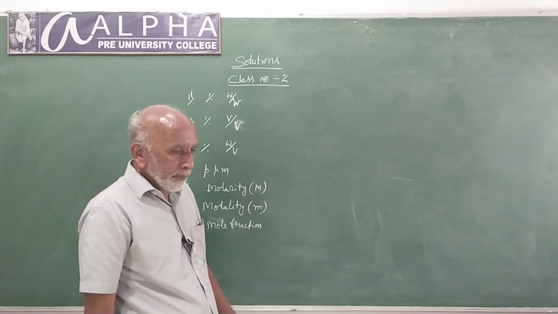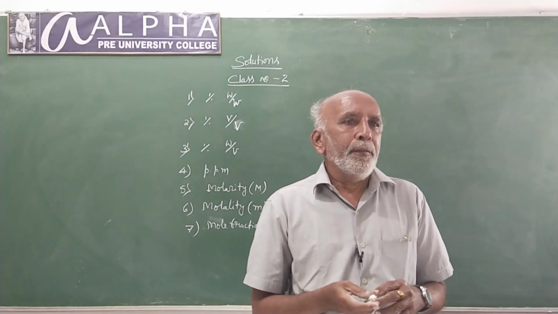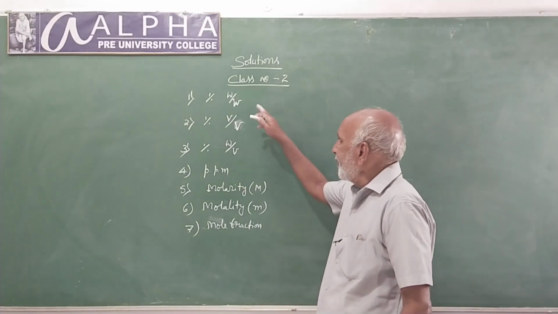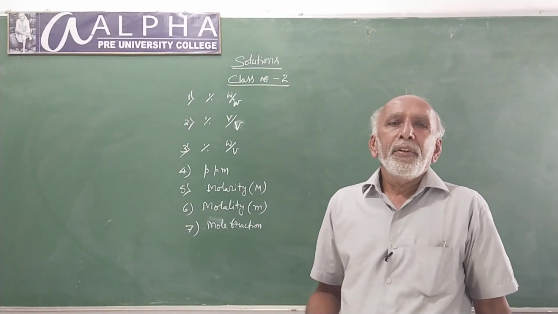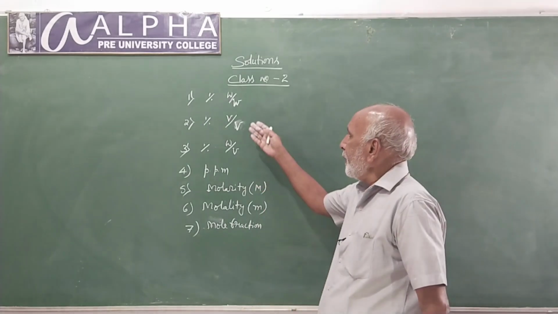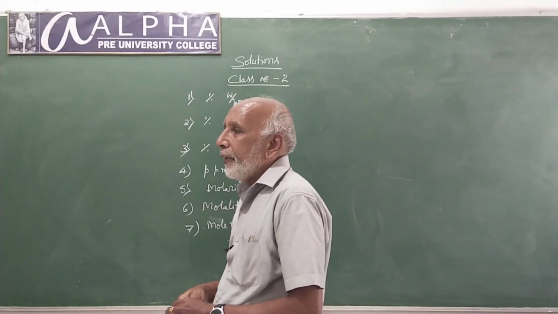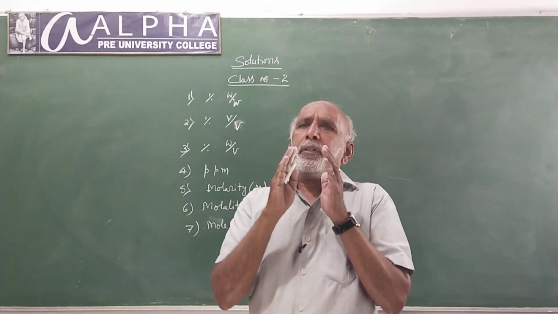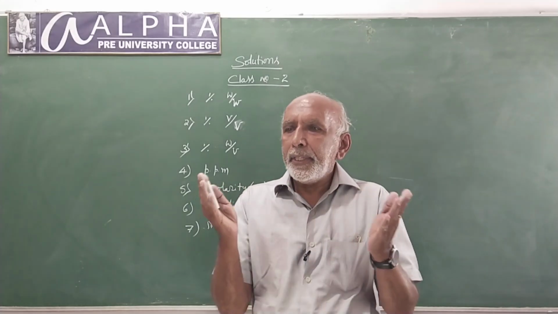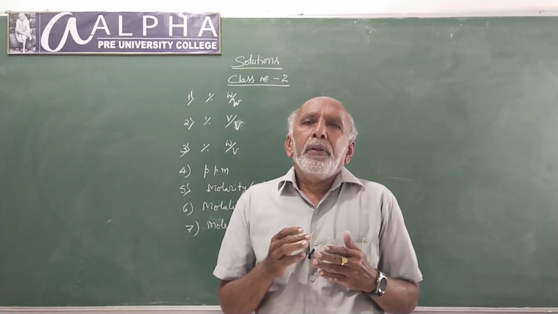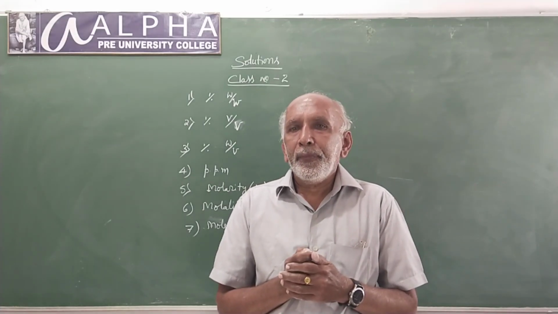Now let us see the effect of change of temperature on the concentration of solution expressed in these terms. On rising the temperature, there may be some changes in the system.